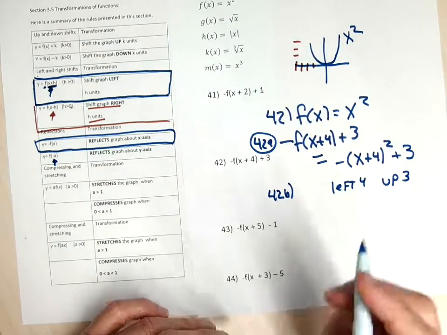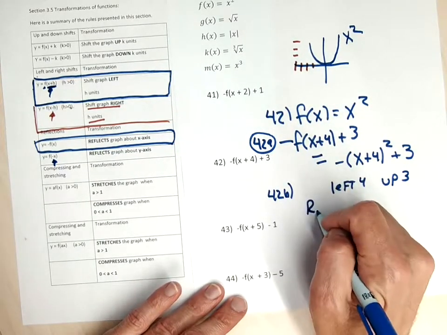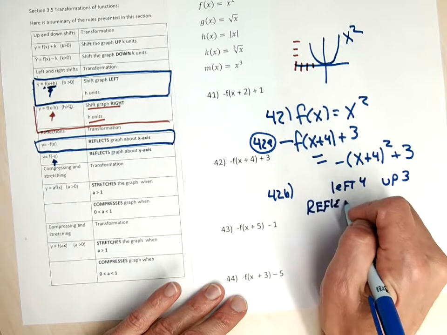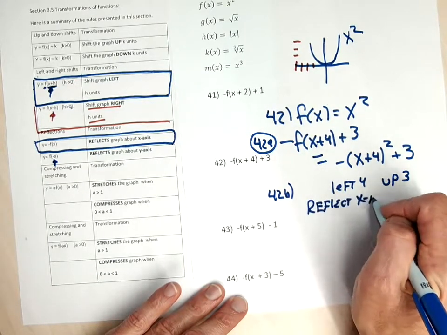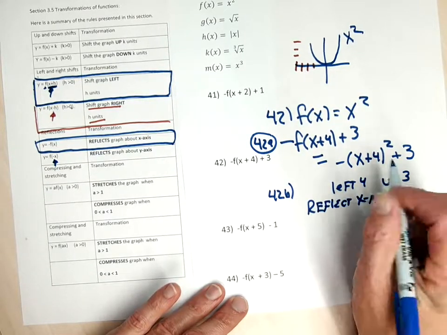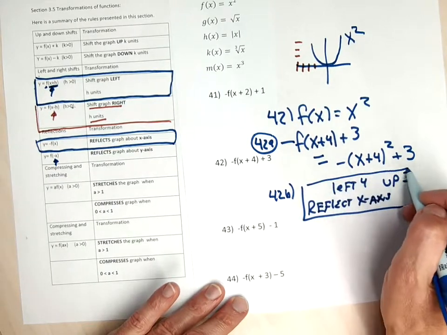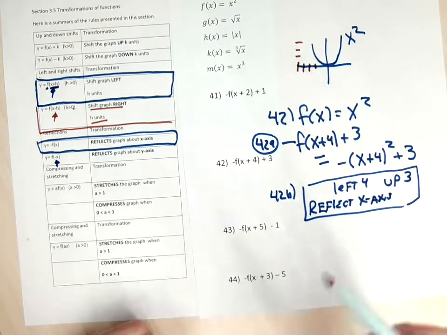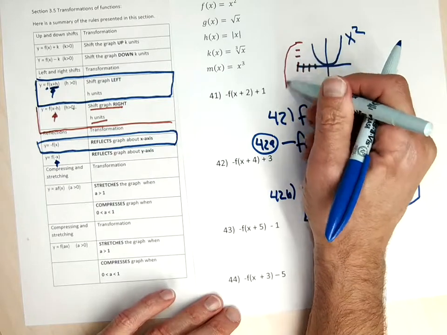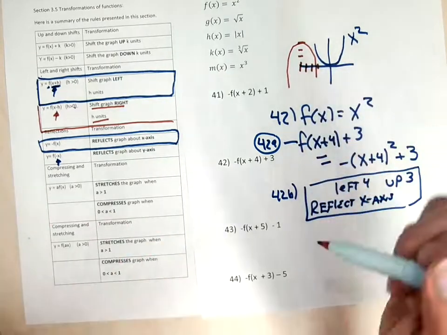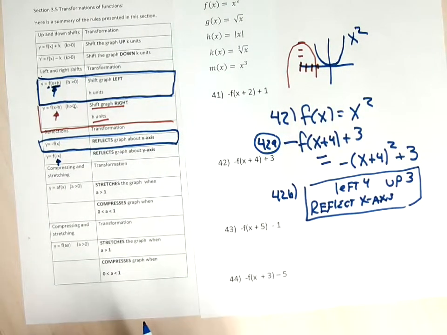And it's going to be reflected over the x-axis for the minus in front. So there are 3 things that are going to happen, and reflecting over the x-axis will just have the impact of flipping it over. So it turns it upside down. If you just said it turns it upside down, that would be fine.